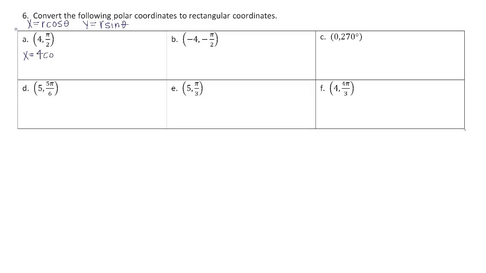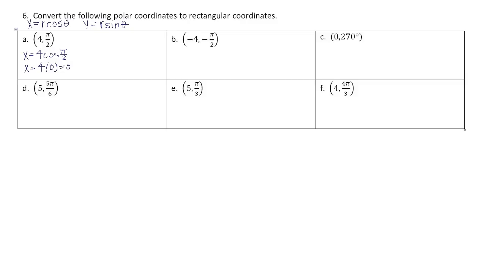So we have 4 cosine pi over 2. And so x is going to be equal to 0. And the reason why, let me write in that step. I shouldn't just go straight to the answer. It's going to be 4 times cosine of pi over 2 is 0. So that's why x is 0 for that one.